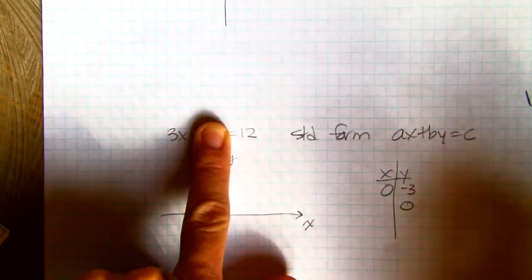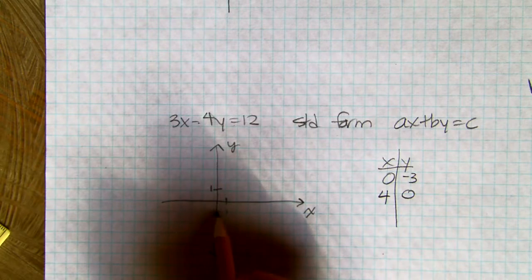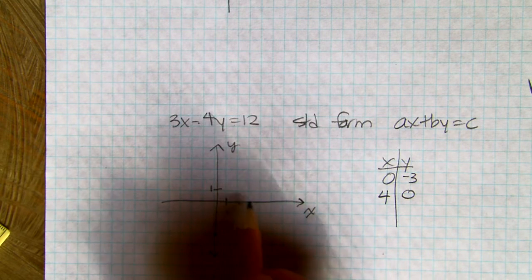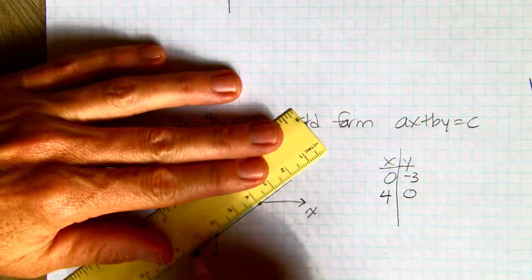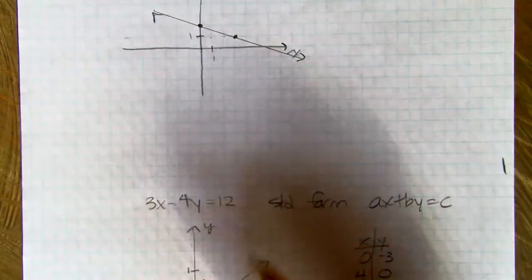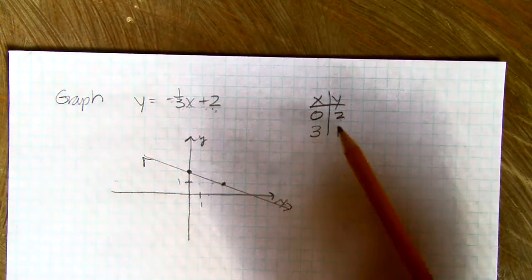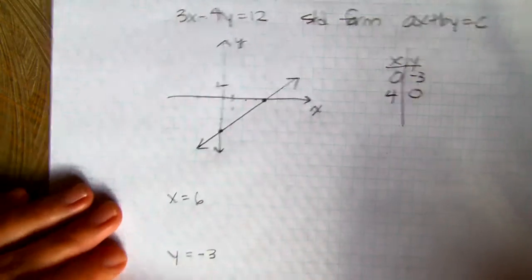And if 3x equals 12, then x must be 4. So there's my 2 points: 0, negative 3 and 4, 0. There's that line. So you can take any equation that you're given and convert it into something convenient, either standard form or slope-intercept form, and do a quick table of values. 2 points is all you need if you know it's linear.